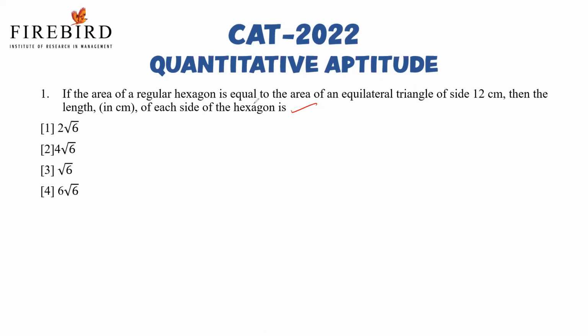If the area of a regular hexagon is equal to the area of an equilateral triangle of side 12 centimeter, then what is the length of each side of the hexagon? What is a hexagon? It's nothing but a shape with 6 sides. What is the area of an equilateral triangle? You should know the formula: root 3 by 4 a square.